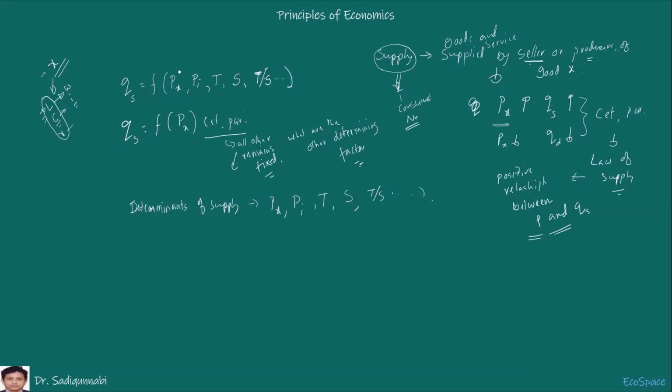Now, can you put plus or minus above all these determinants? So here, is it plus or minus for PX? Definitely plus, because we know that. So we have put plus here. That means a positive relationship between PX and QS. What about this, Pi?